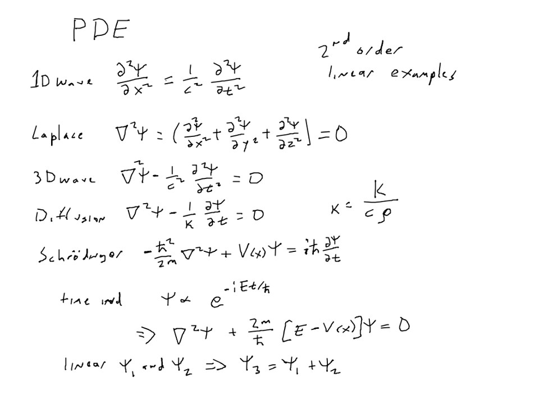What about the diffusion equation? Anybody else? One left. Yeah, it's parabolic. This is a tricky one, and the reason why is because you've got your spatial dimensions and you have your time dimension here, right?